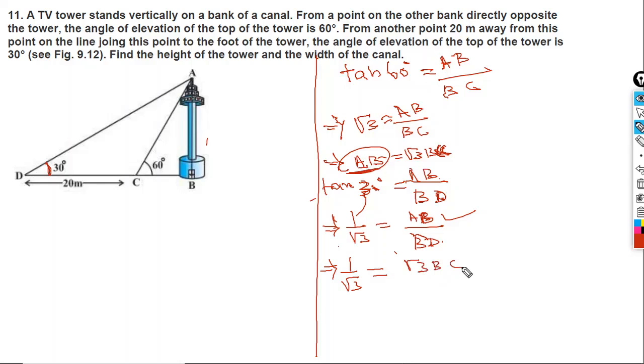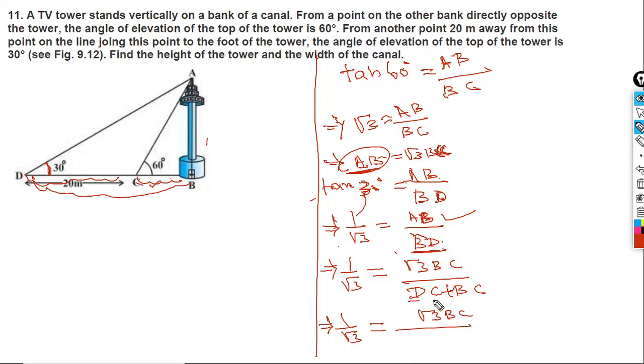root 3 BC divided by length of BD. Look at the figure, BD will be equal to DC plus BC. So write DC plus BC. Implies 1 by root 3 will be equal to root 3 BC divided by DC plus BC. Look at the figure, length of DC is 20 meter, we know that.